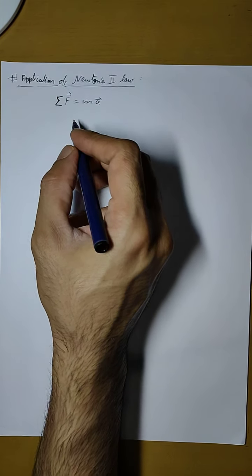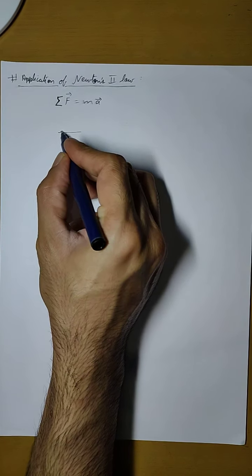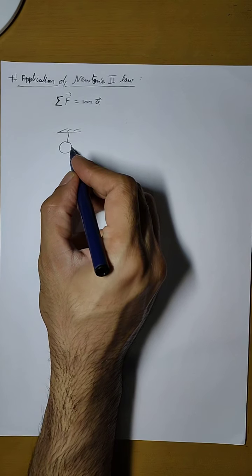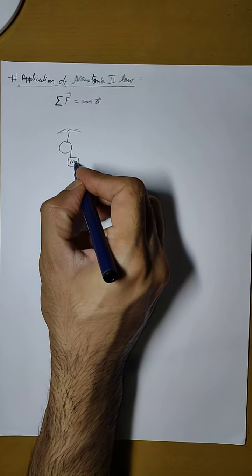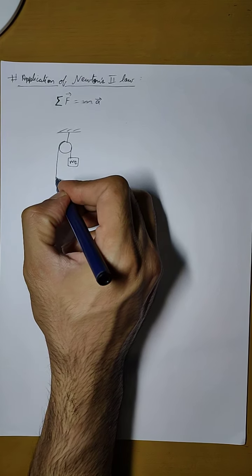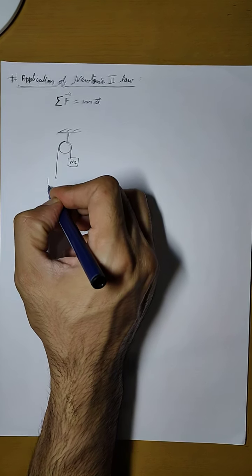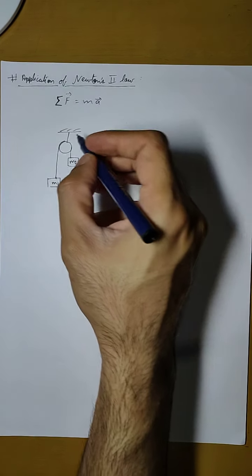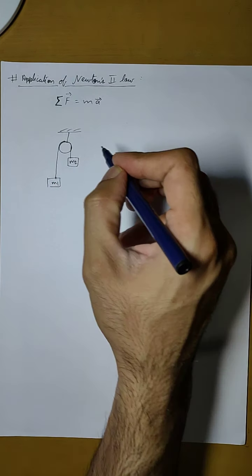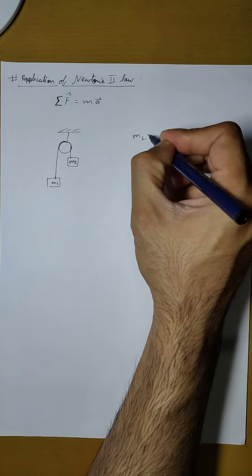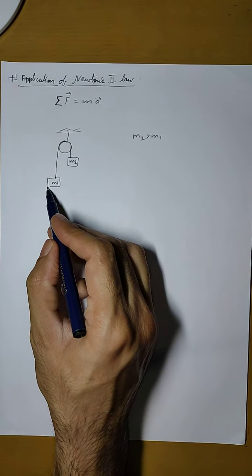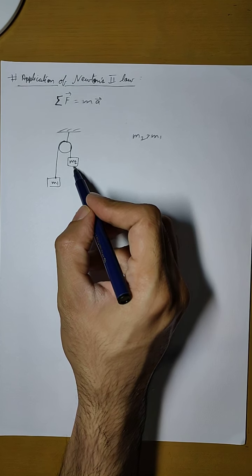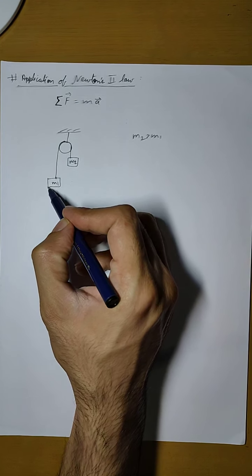Now let us understand this more with the help of an example. Let us say that we are given this system of pulley. This is mass m2 and there is another body of mass m1. So these are hanging like this. When this system is set free and m2 is greater than m1, since m2 is heavier, it is going to move downward and m1 will move upward.